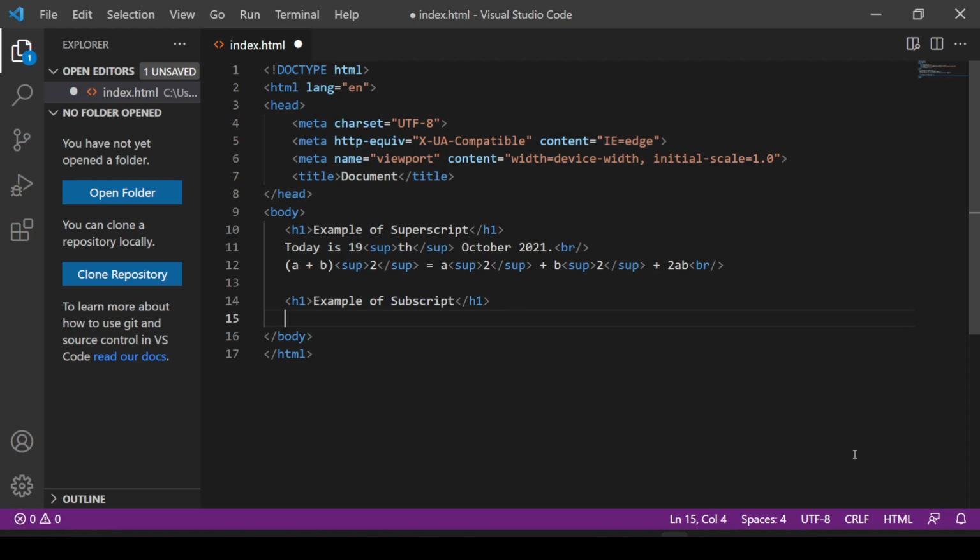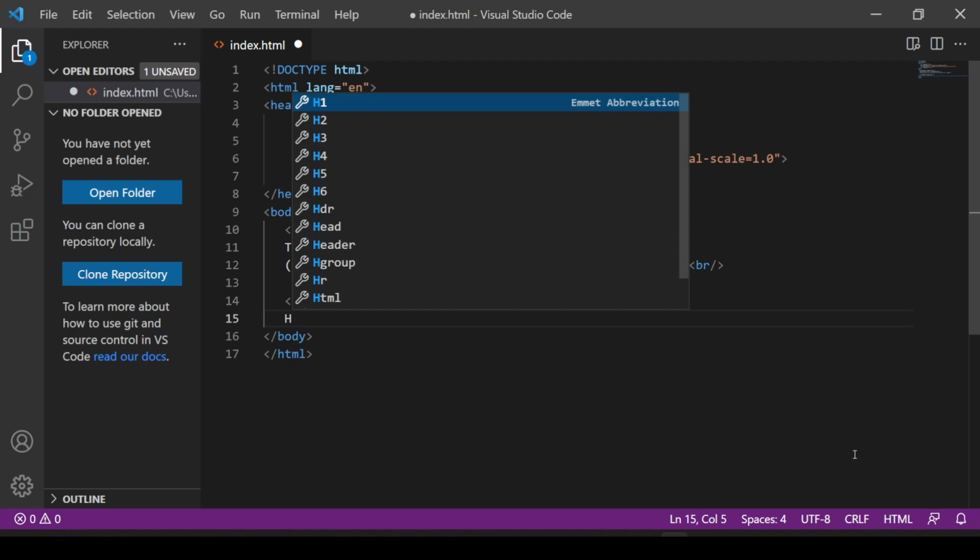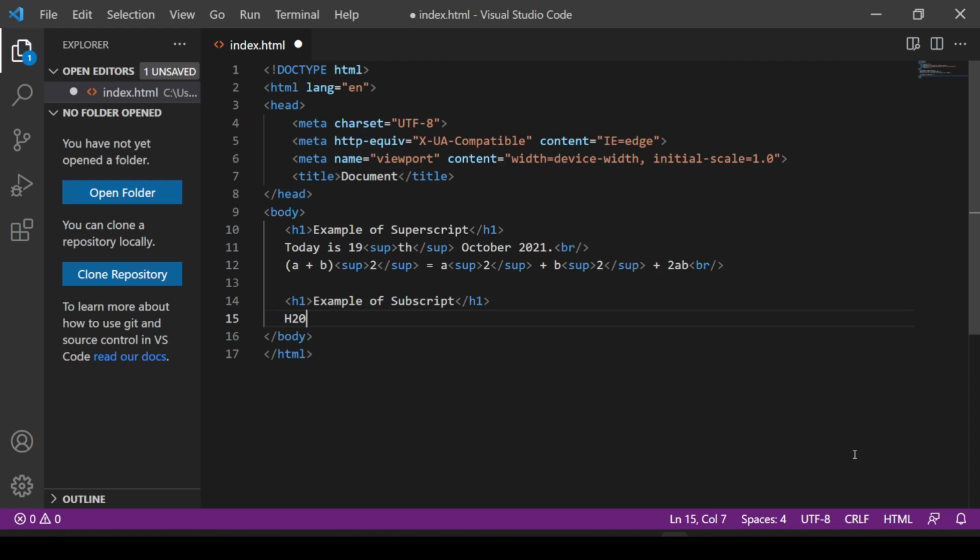Example of subscript is like chemical formulas, and water's famous chemical name, that is H2O. To show this 2 in subscript form, I need to use the subscript tag.